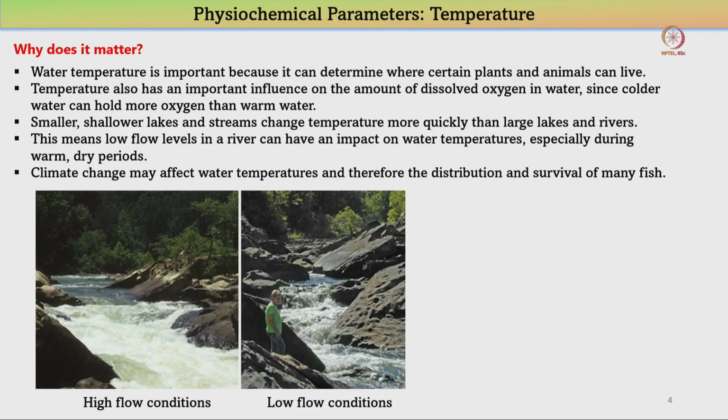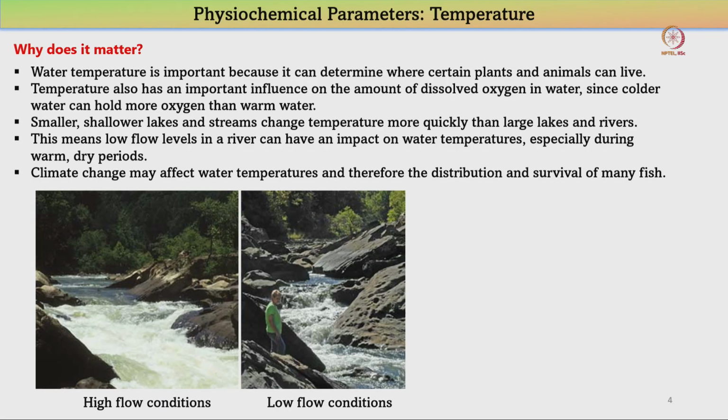Smaller systems are more susceptible to temperature change than larger systems. Small lakes and small streams are more sensitive to temperature change as compared to larger lakes and larger rivers.